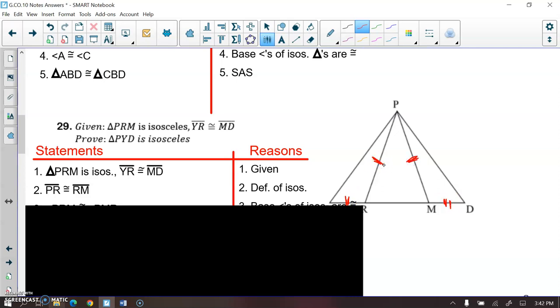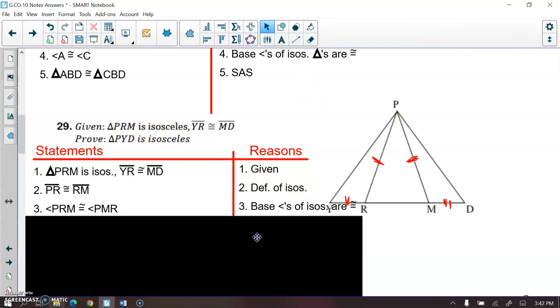All right. So from here, we also know with isosceles triangles that base angles of isosceles triangles are congruent. So I can say that angle PRM is congruent to angle PMR. Now I'm trying to prove that PYD, this whole triangle, is isosceles.